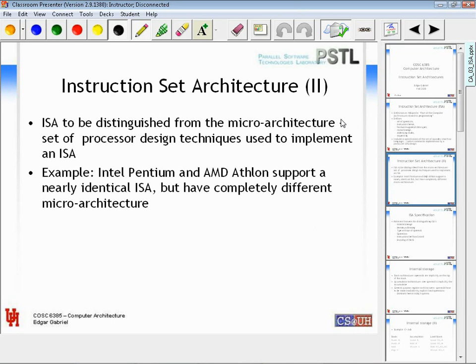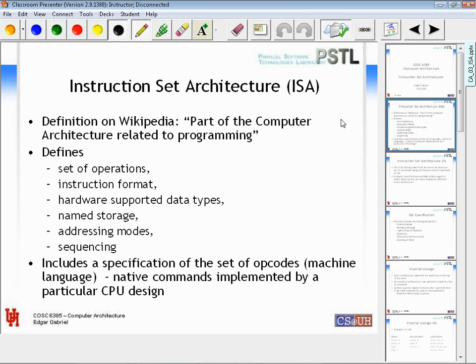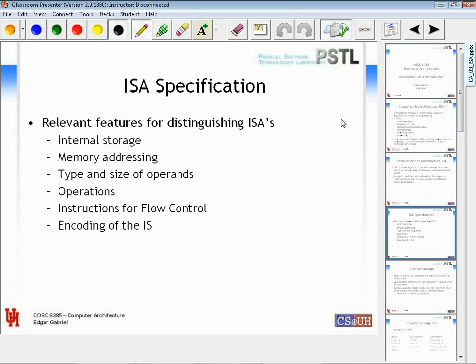So the instruction set architecture basically provides you the machine commands understood by your CPU, which are typically generated by the compiler and which converts your C code or your C++ code into something that is understood by the CPU.